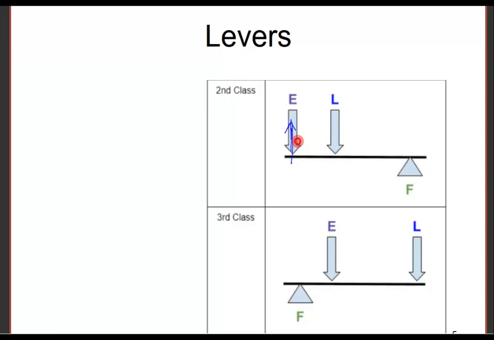So to keep this load in balance, like a wheelbarrow, lever type 2, we need to apply a force upward. Again, the distance between the effort and the fulcrum is called effort arm, and the distance between the load and the fulcrum is called load arm.